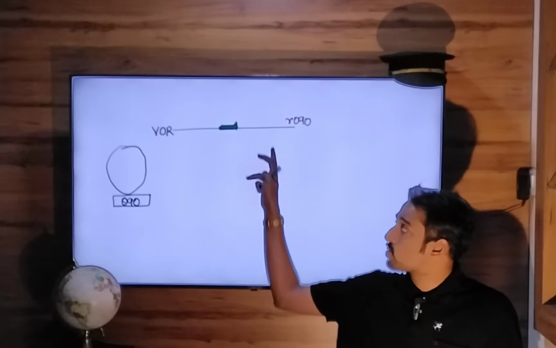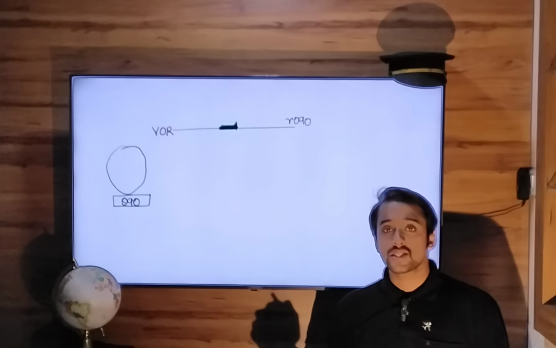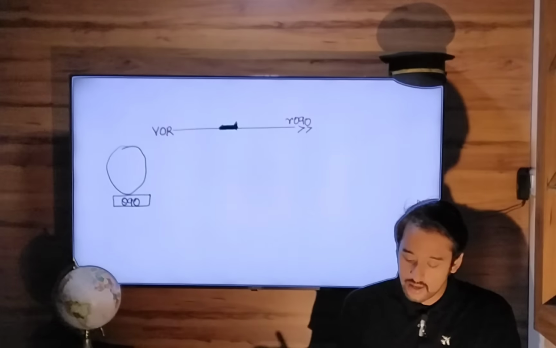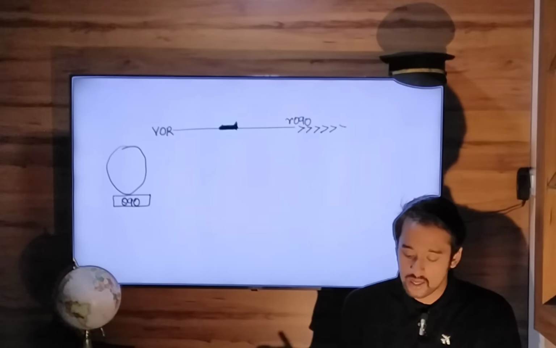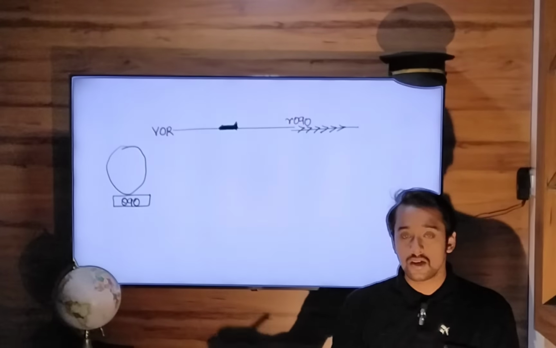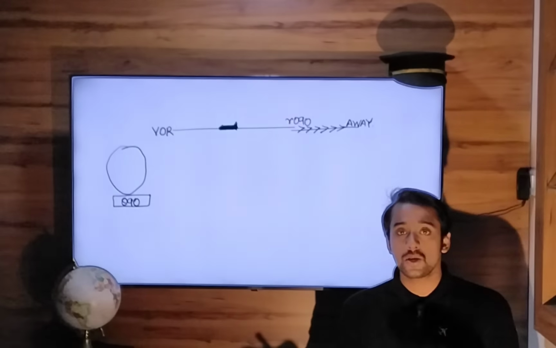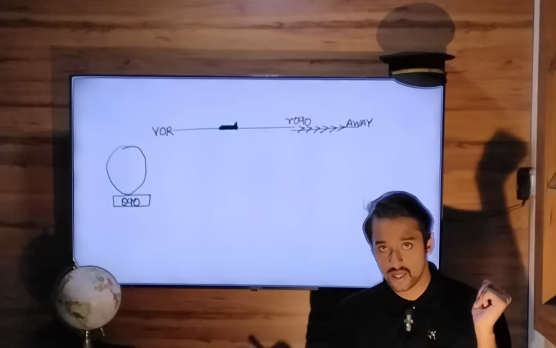Now this bearing 090, or QDR 090, radial 090, intends to take any aircraft away from the VOR station. But in this example, you want to fly towards the VOR station.